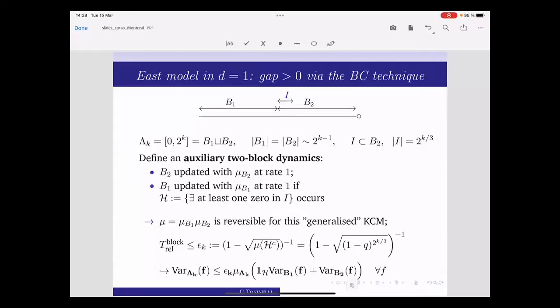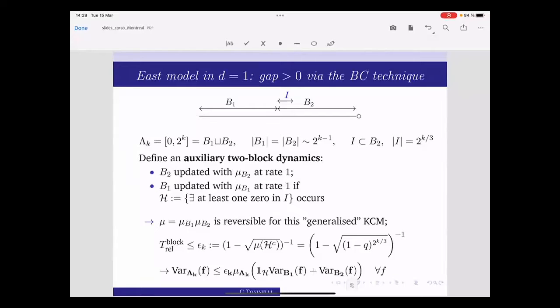If I rephrase things in terms of the spectral gap for this block dynamics, the variance of any function on my volume is upper bounded by the relaxation time, the inverse of the spectral gap for this block dynamics, times the Dirichlet form for this block dynamics.